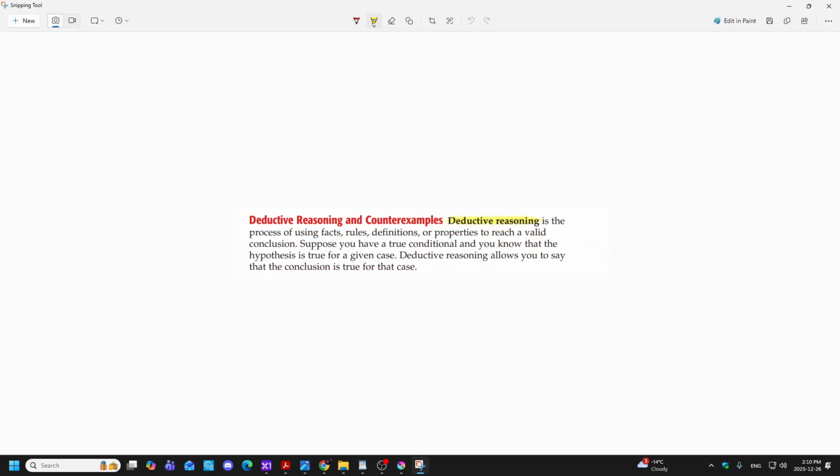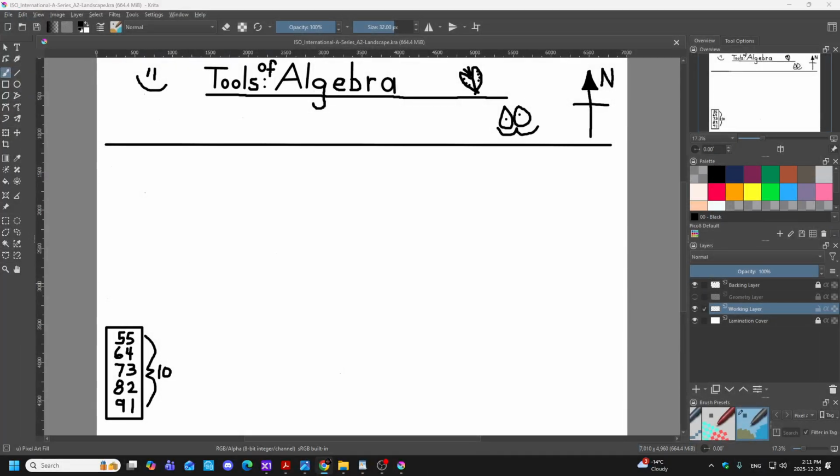Deductive reasoning and counter examples. All right, so I'll let you pause and read that. Let us continue. What else do we have here?